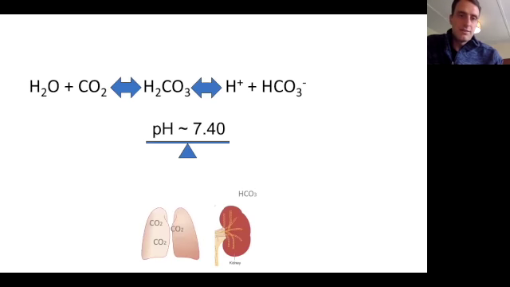So just basic review, as you would expect, this is the state of the body in complete balance. So the pH is 7.40. There's an appropriate amount of carbon dioxide and hydrogen ion and bicarbonate.